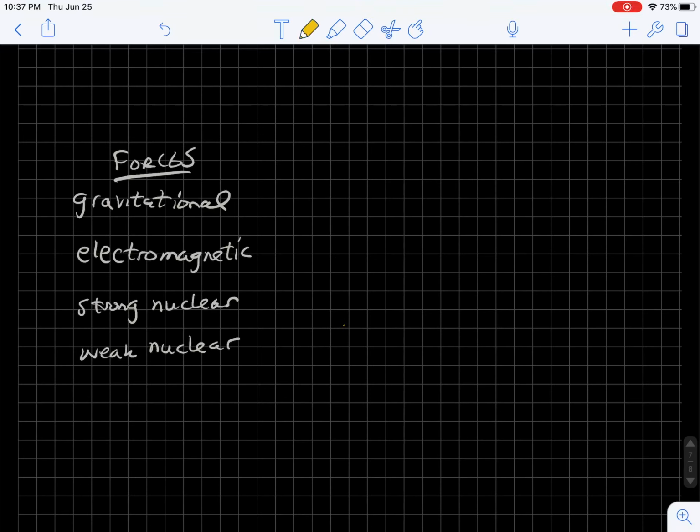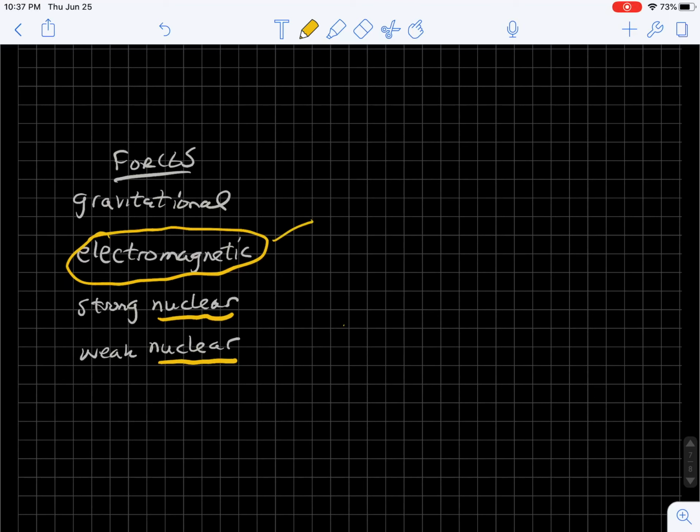Now, there's only one place in the universe where the strong nuclear and weak nuclear forces exist, and we're going to talk about these in Chapter 4 and 28. I underlined where they are. They're in the nucleus. So it is electromagnetic force that keeps all of these particles, these molecules, these atoms together.